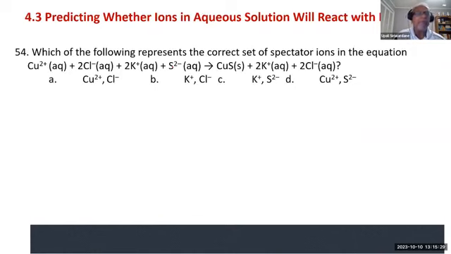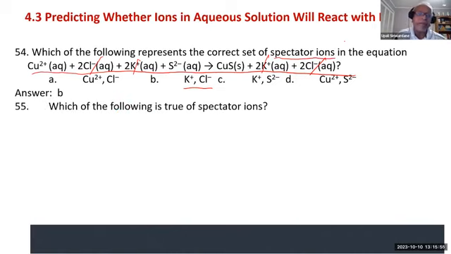If you look at this reaction, this is a complete ionic equation. So spectator ions are chloride, you find them on both sides, also potassium. Therefore, potassium and the chloride ion are the spectator ions. B is the correct answer.